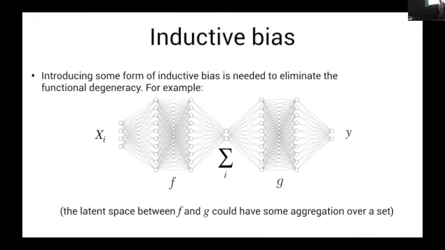Then there's a clear separation between what each network is doing. If it's just one big network, it's a lot harder to interpret each part, because they could be inverting the other one and cancelling each other out. There's a huge functional degeneracy there. So you need to impose some kind of inductive bias to split it.